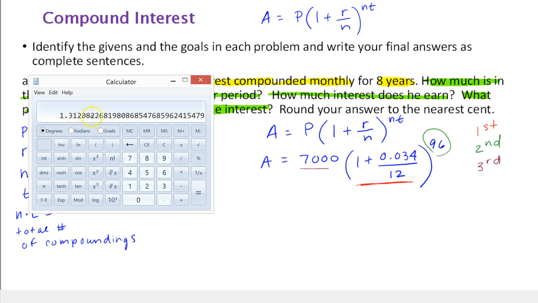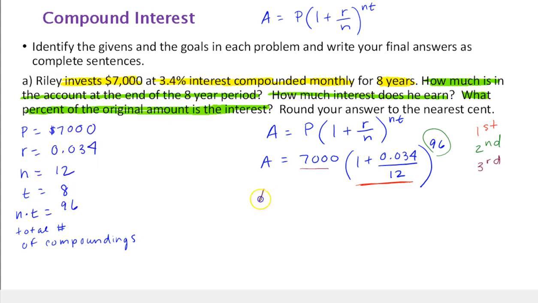We're going to find this another way too, but I like to see this as I go. And now we're going to multiply this result times 7,000. Now we'll round, and we get $9,184 to the nearest cent. We'd round up to 58 cents. So there's our final future amount.